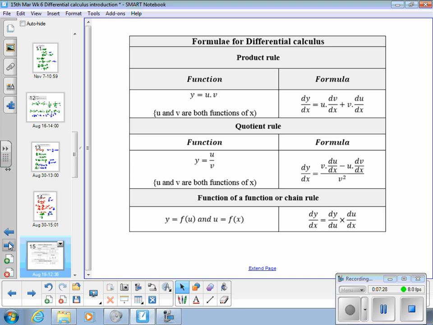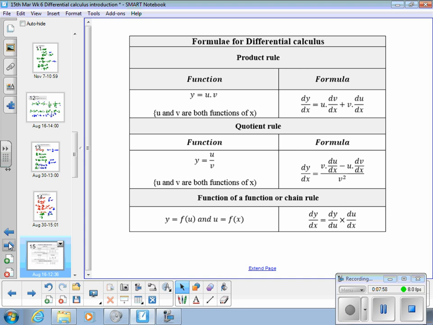And then if we have a function of a function, so we've got something like a quotient, but inside it has also got a function of x, so it's a function of a function, then we apply what's called the chain rule. Alright, so we're going to go through today some examples of these rules.